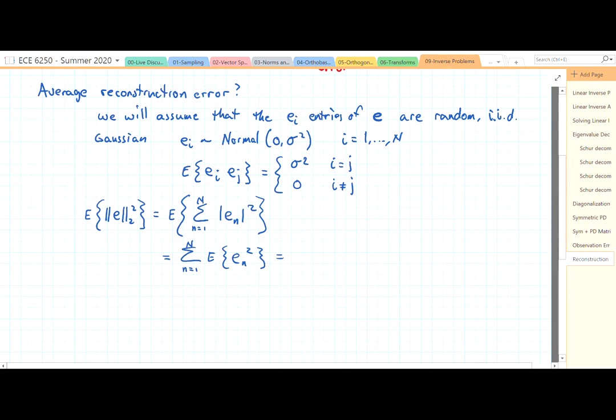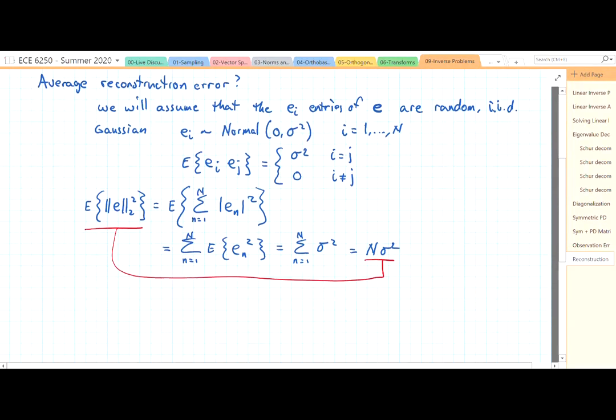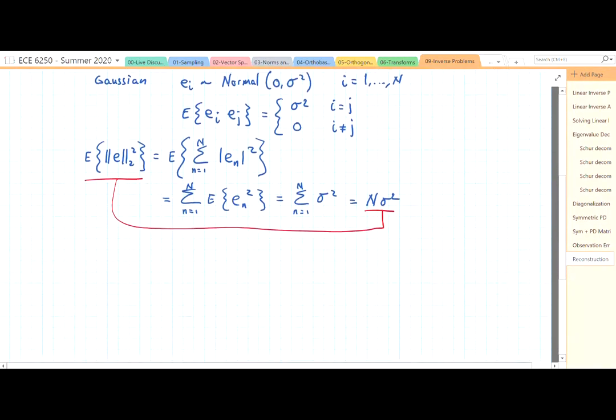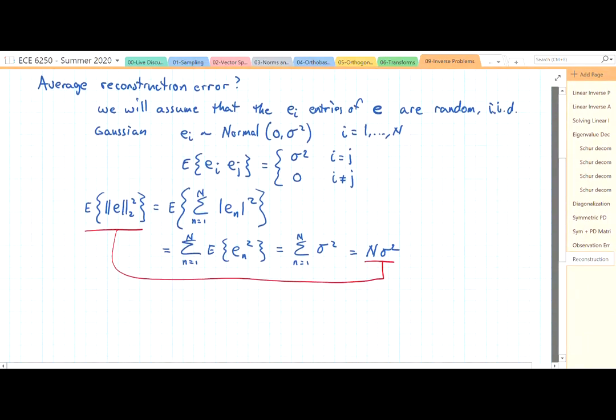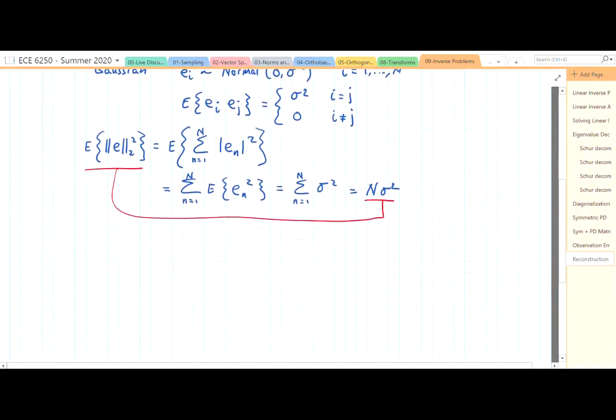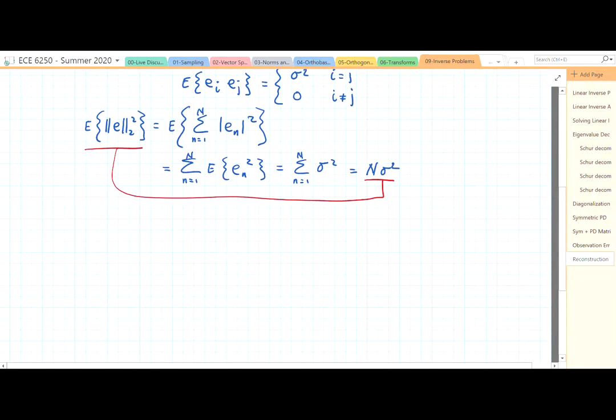And the expected value of these squared, since we're a zero mean process, is just going to be sigma squared, so n sigma squared in total. So there we go. But that doesn't tell us anything about what happens when we find our reconstruction error.